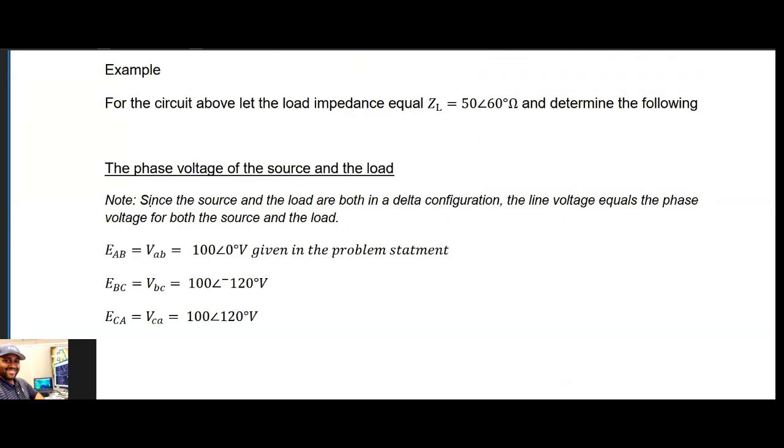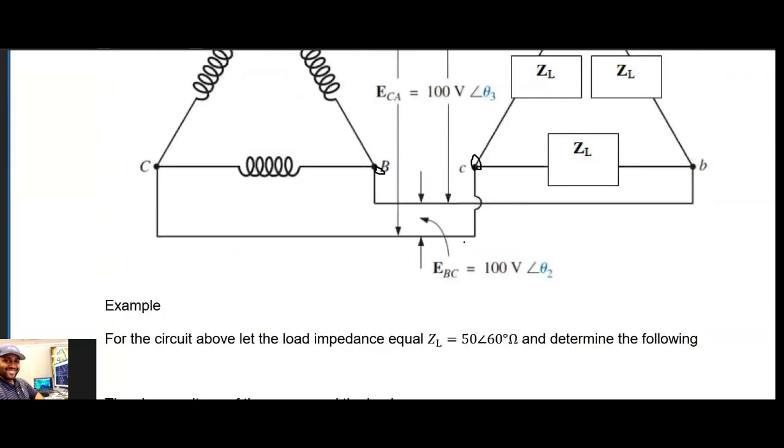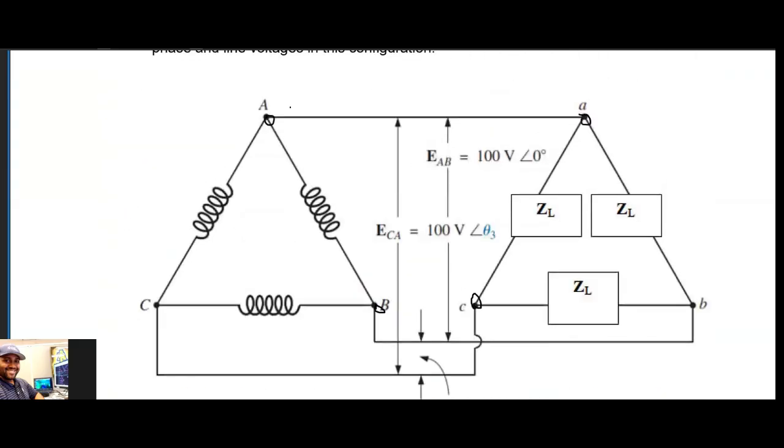All right, so note, since the source and the load are both in the delta configuration, the line voltage equals the phase voltage for both the source and the load. Because this source is connected across lines A and B. Same thing with the loads.